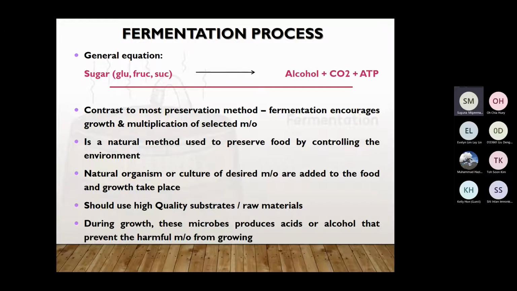This natural organism or culture demands a high quality substrate or raw material. And the favorable outcome is that during their growth they produce acids or alcohol, and when they produce this acid or alcohol, the growth of harmful microorganisms in that particular food is prevented.